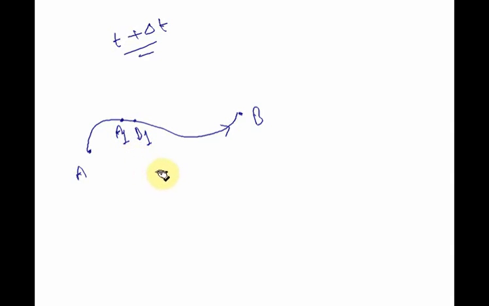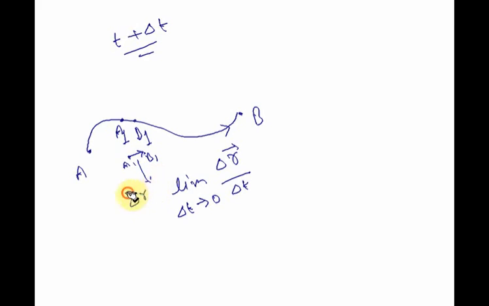So the instantaneous velocity of the particle will be given as limit delta t tends to 0 of delta r by delta t, where delta r is the vector between point A1 and B1. This is our delta r. So this expression is nothing but the derivative of the displacement vector with respect to time. So this is our instantaneous velocity.